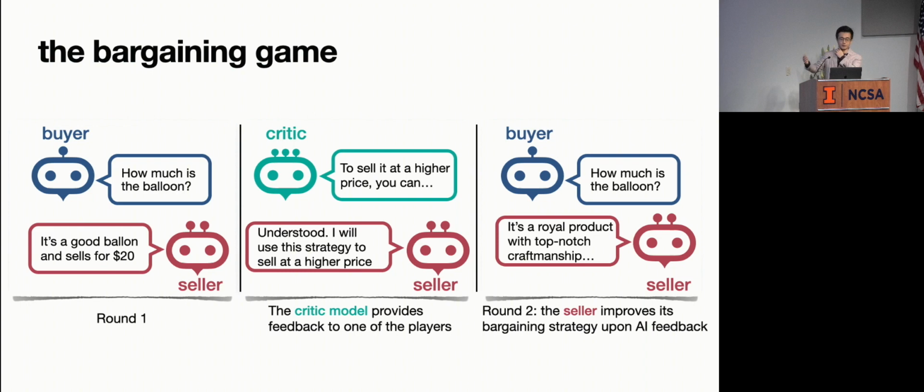And after each round, the entire chat history is fed to the critic model, which provides natural language feedback to only one of these two players. The other one never receives any feedback. Presumably, we're trying to quantify how this can help the one who received feedback to improve its negotiation strategy. And we repeat this process until the limit on the number of rounds of the games is reached.